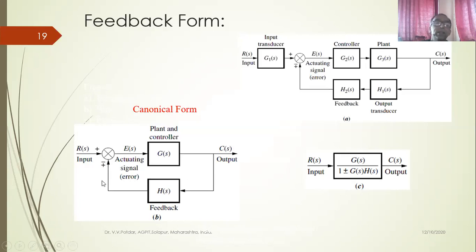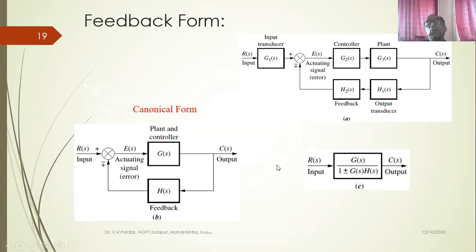And if I have positive feedback here, I'll get a negative sign in the denominator of this closed loop transfer function. This we have to remember. So 1 plus G(s)H(s) will be there when I have negative feedback, and 1 minus G(s)H(s) will be there when there is positive feedback. This is one rule we have to remember for eliminating the feedback loop.